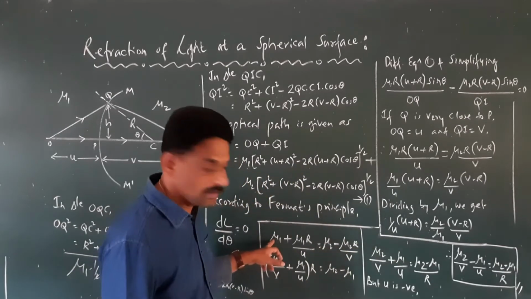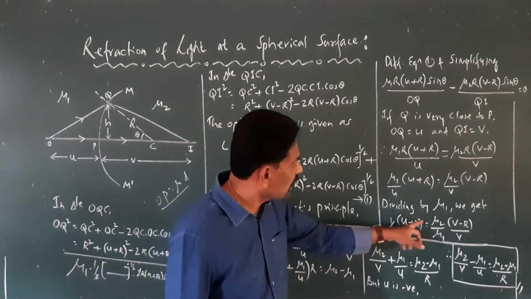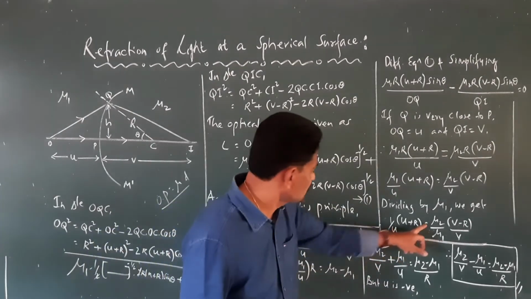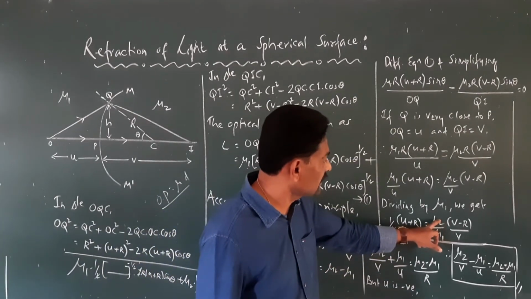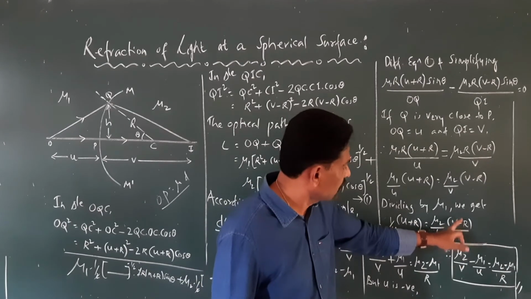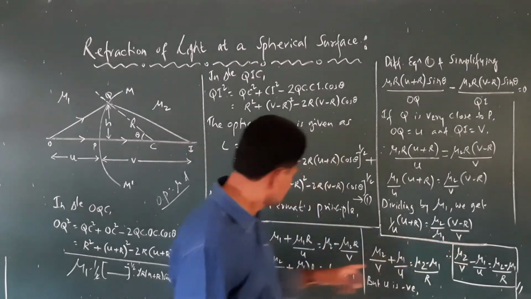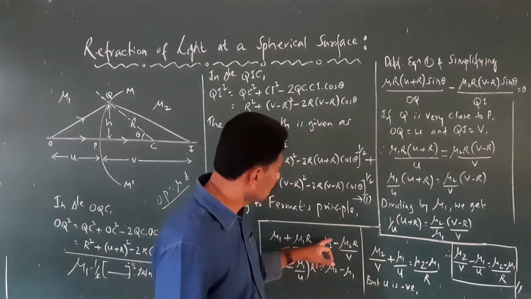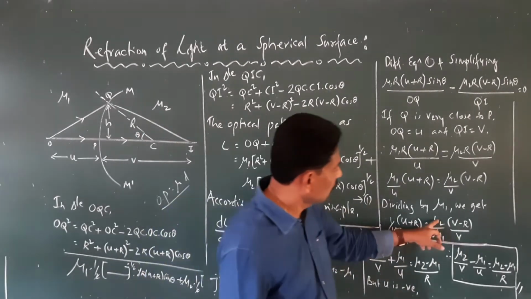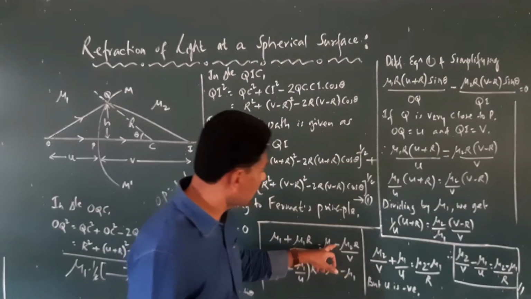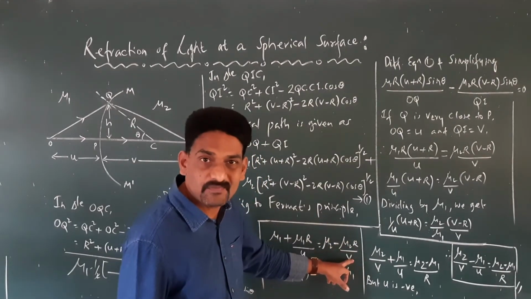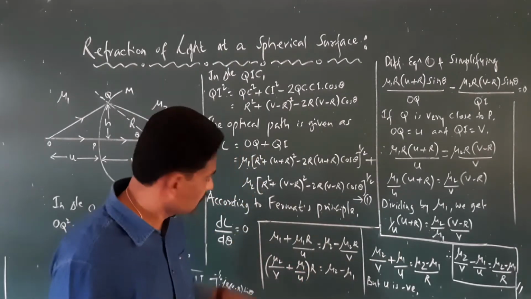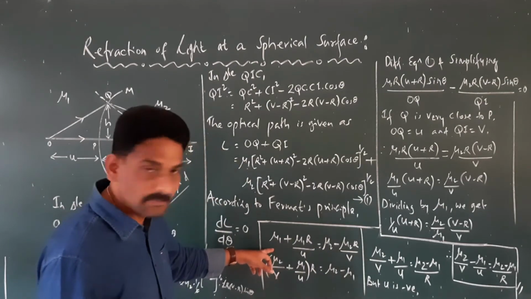So we get mu1 plus mu1 into r divided by u. This equals the term on the other side, mu2 into v by v, where v and v get cancelled with each other. So we get mu2 minus mu2 into r divided by v. Then we further simplify this equation.